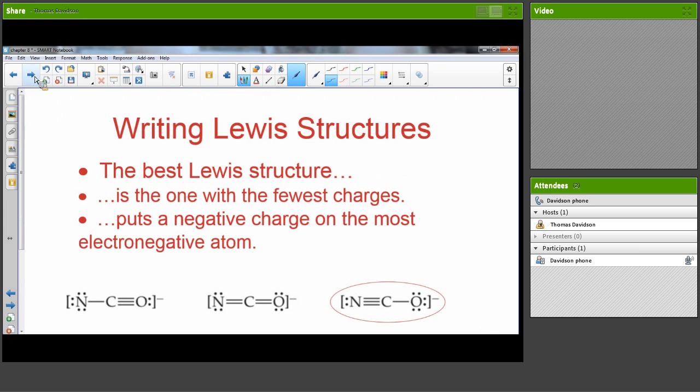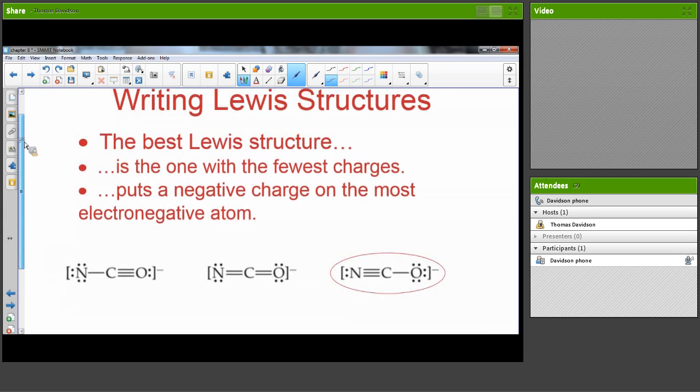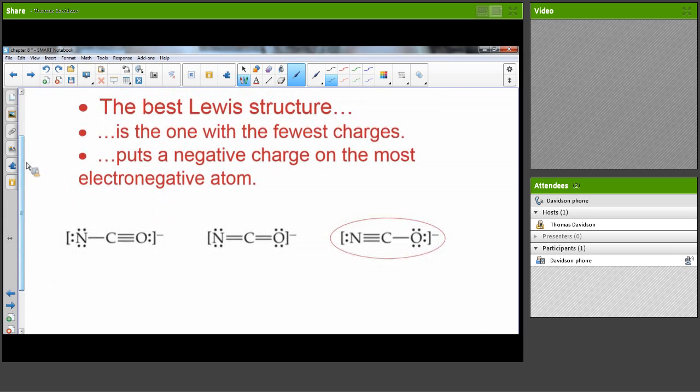And that's on the next slide, so don't worry about it. All right? So it's the one with the fewest charges or the one that puts a negative charge on the most electronegative atom.